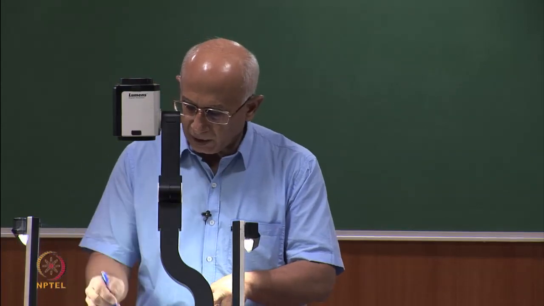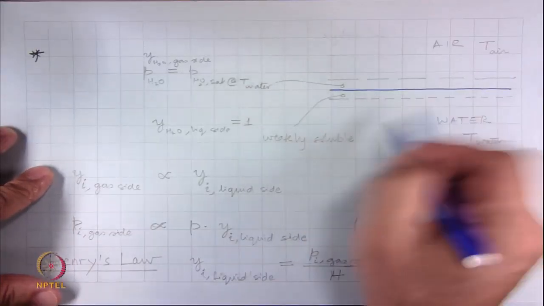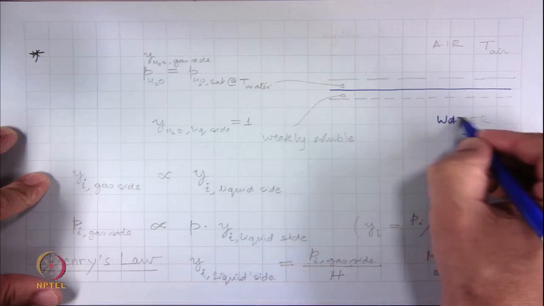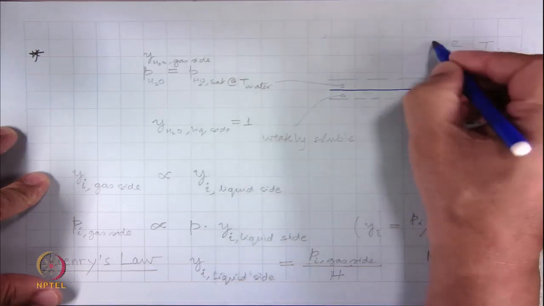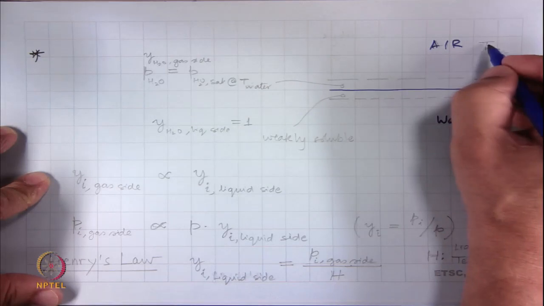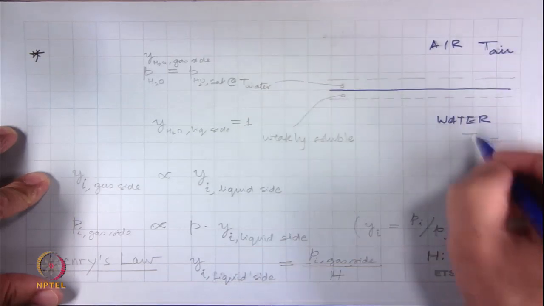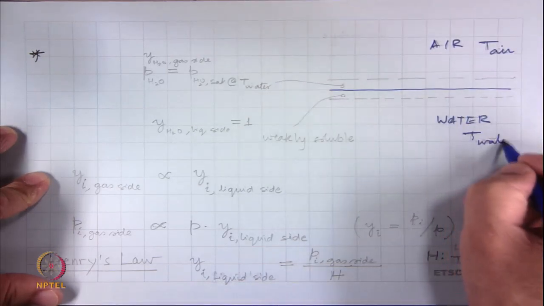and what we say is that in this case, say water air thing. So, this is water, on this side above that there is air, this is at T air and this is at T water, which need not be the same.